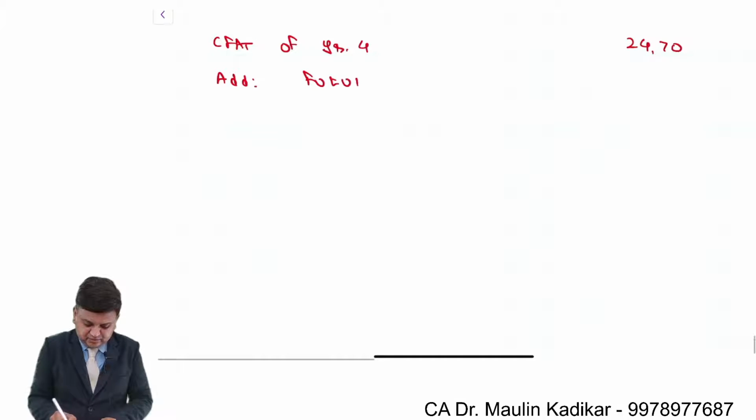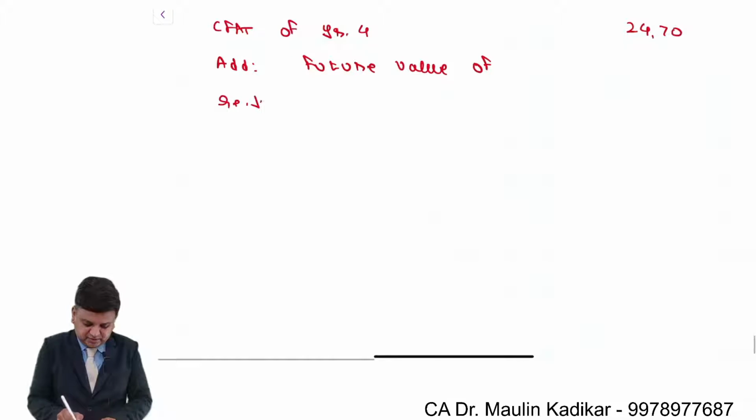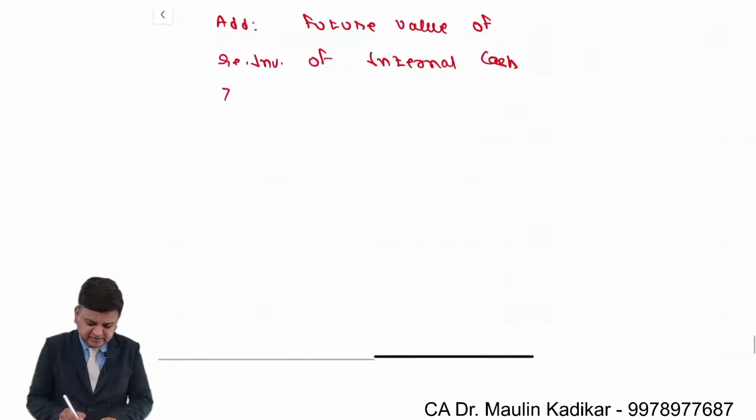Then add the future value of reinvestment of internal cash accrual. It is 7.41.